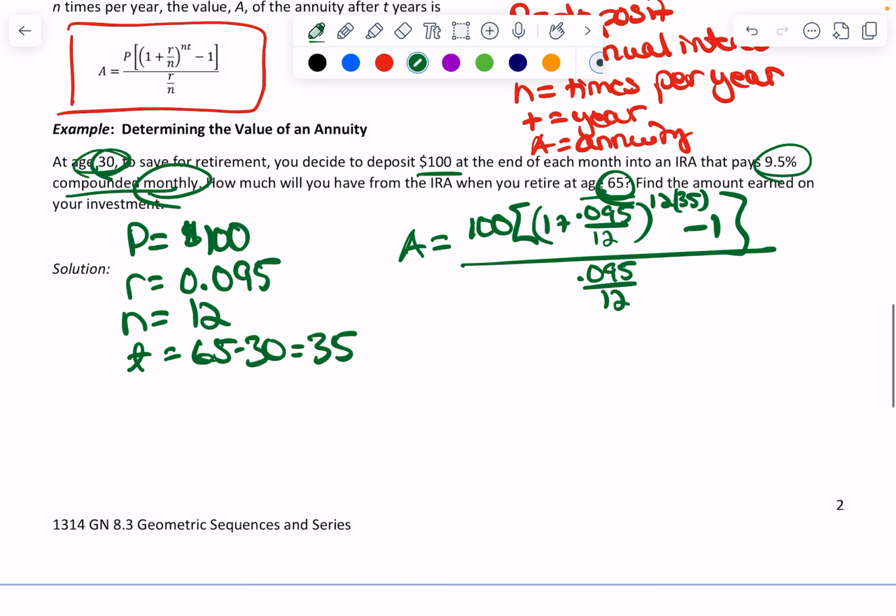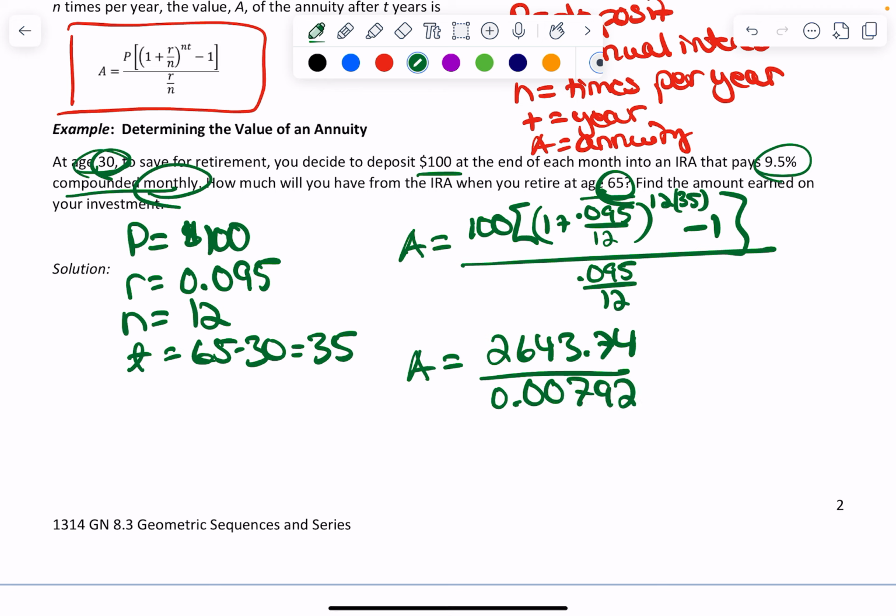Now when we do the top, we get 2,643.74. And on the bottom, when we do the division, we get 0.00792. And that rounds to 333,805.56.